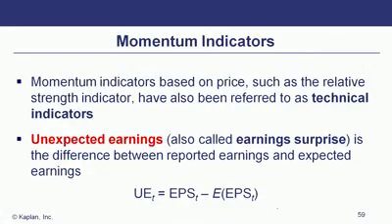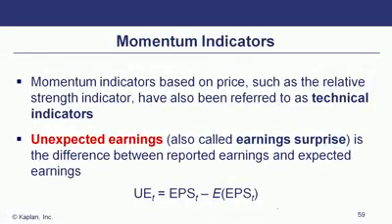Now, we can also look at what are called momentum indicators. Momentum indicators based off of price, such as the relative strength indicator, have also been referred to as technical indicators. Let's say what we're looking at is unexpected earnings, or what we call earnings surprises, where analysts have predicted earnings to be some X, and where did the actual earnings come in?